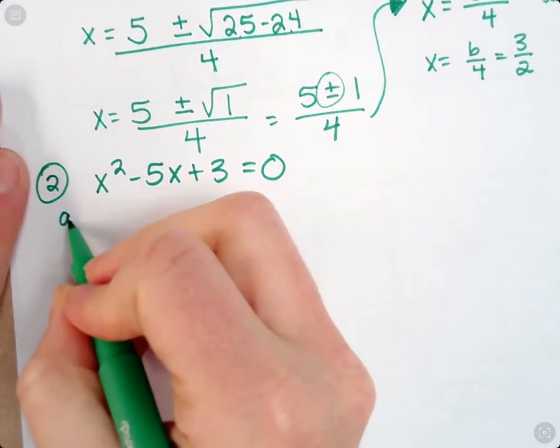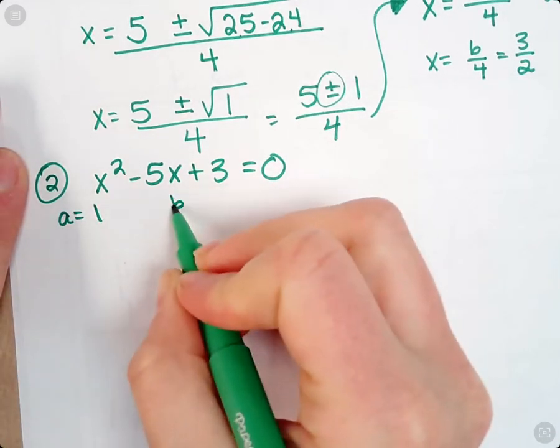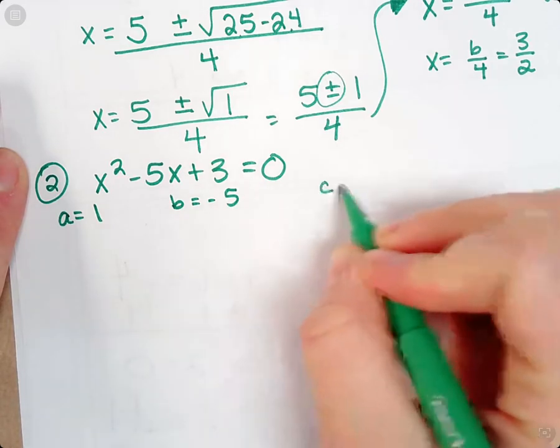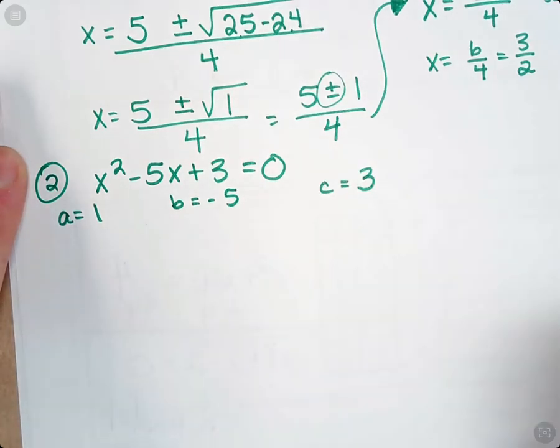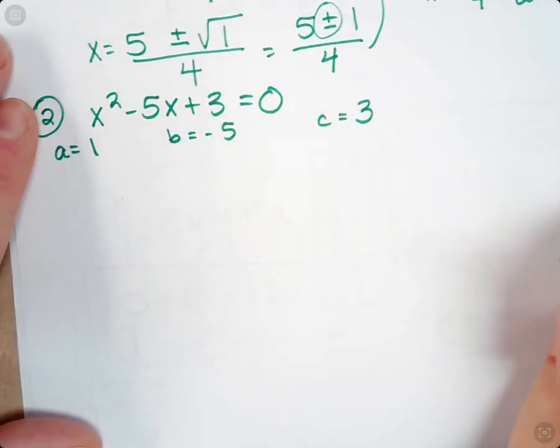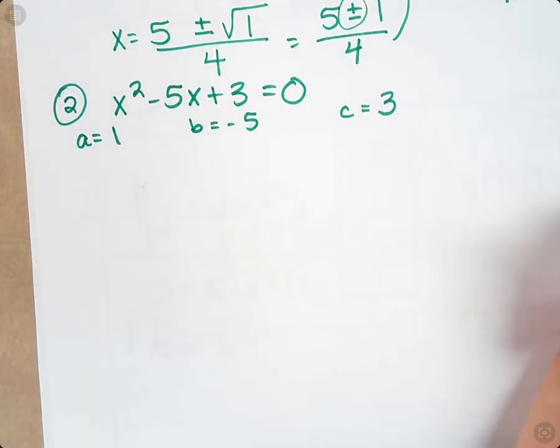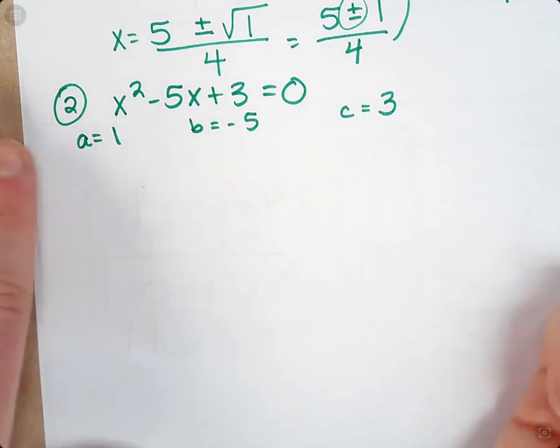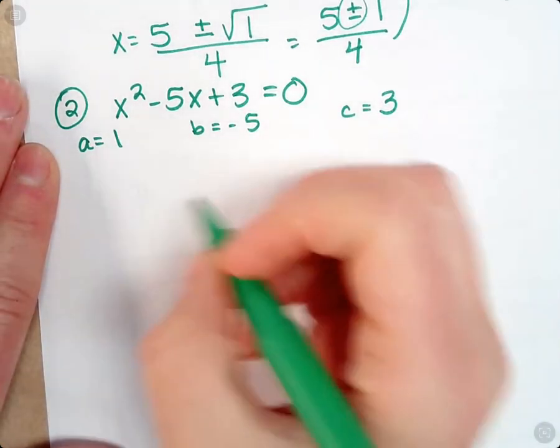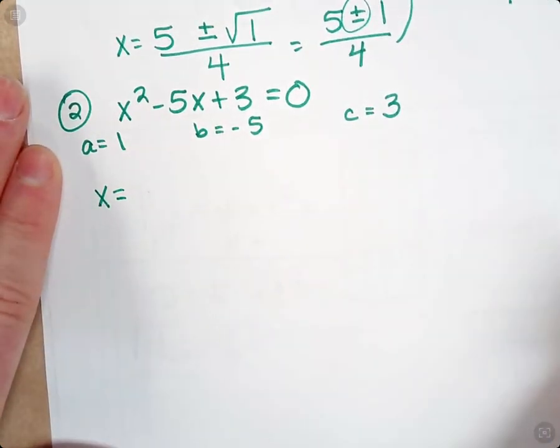All right, so A is 1, B is -5, C is 3. So X equals -B.